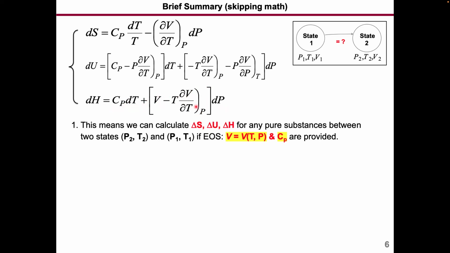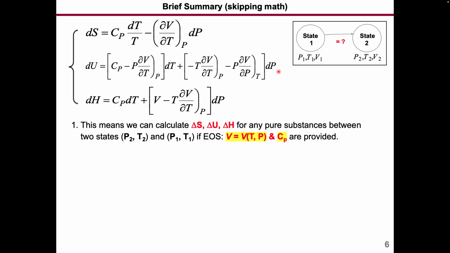Again, H is now a function of T and P. If you look at these three equations, you all have Cp, and then different combinations of P, V, and T. Now if I want you to calculate the change in entropy between state 1 and state 2, where state 1 is P1, V1, T1 and state 2 is P2, V2, T2, because this is a state change, we are talking about the difference in state. So we just take the integral.